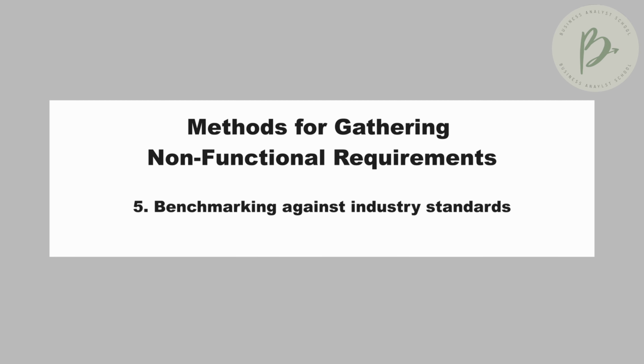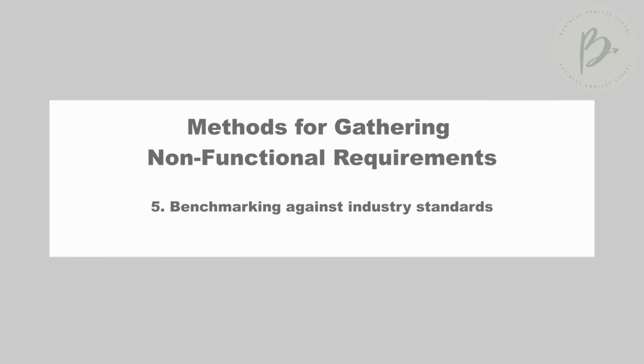Now, the fifth one is looking at industry standards, benchmarking your system against industry standards to ensure that the system meets or exceeds the prevailing norms, the normal expectations within the industry. How do you do that?